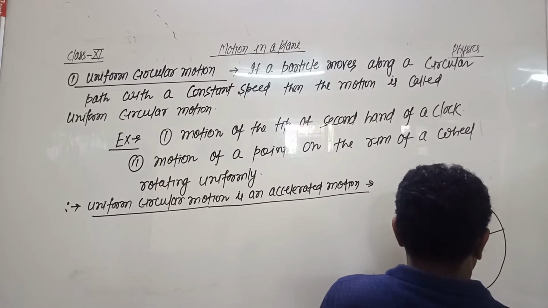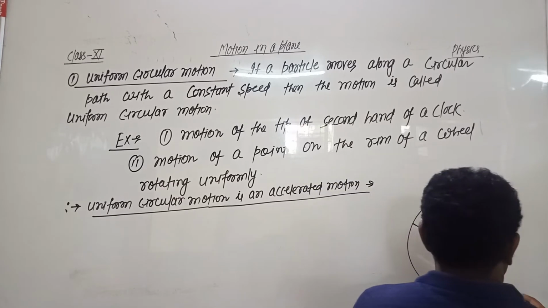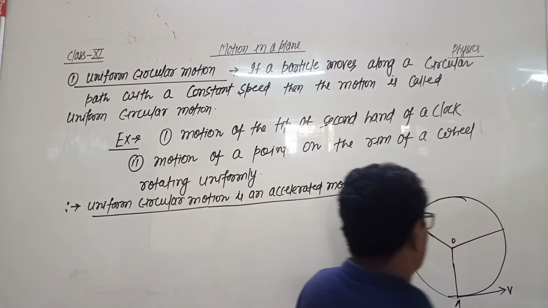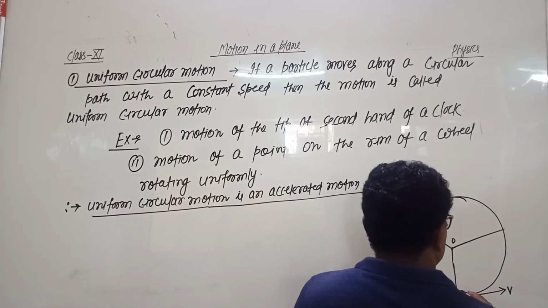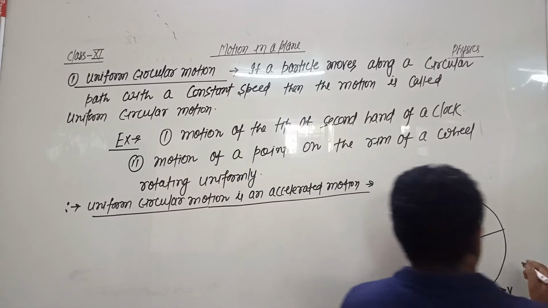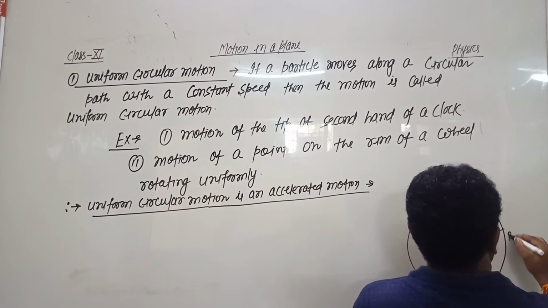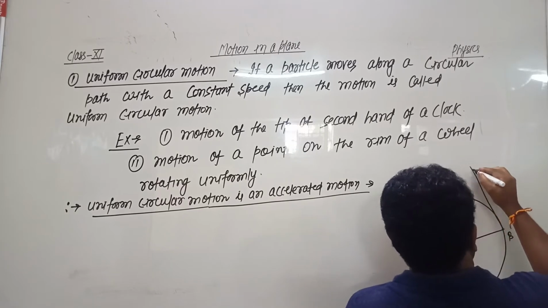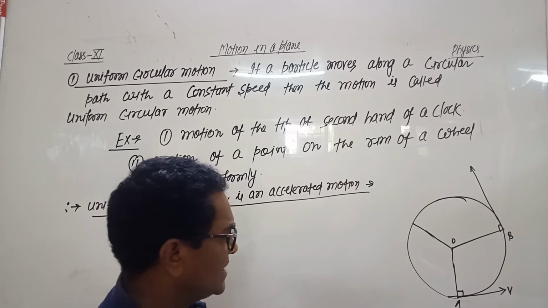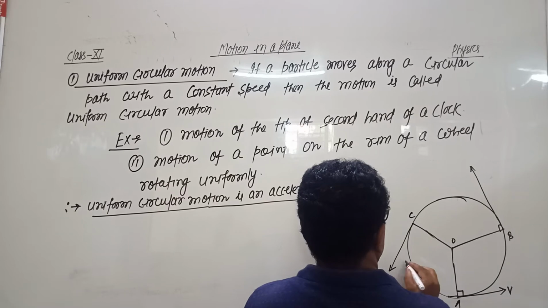At point A, the direction of velocity is v1, perpendicular to the radius, that is called tangential. At point B, the direction of the velocity gets changed. This is again tangential, 90 degrees with the radius vector. At point C, the direction of velocity gets changed.